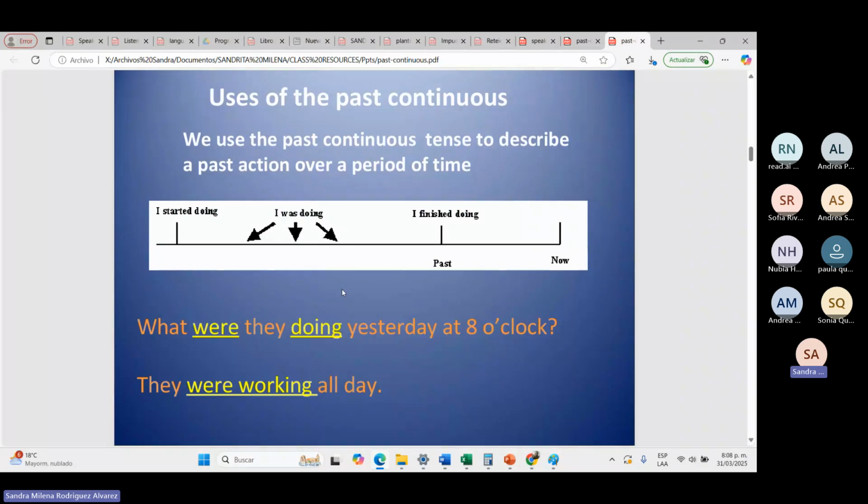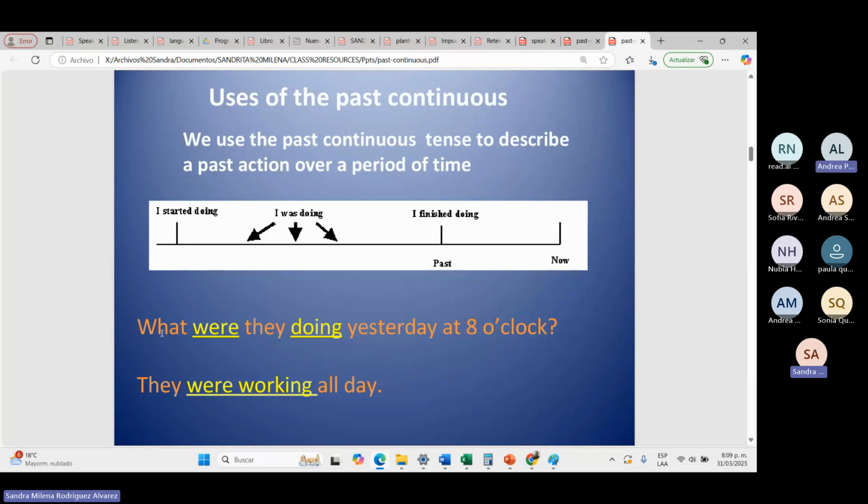What do I use this tense for? I use this tense to describe a past action over a period of time. It means an action that took a little long in time. Una acción que se tardó un tiempo en desarrollarse o estaba en proceso en algún momento en el pasado.